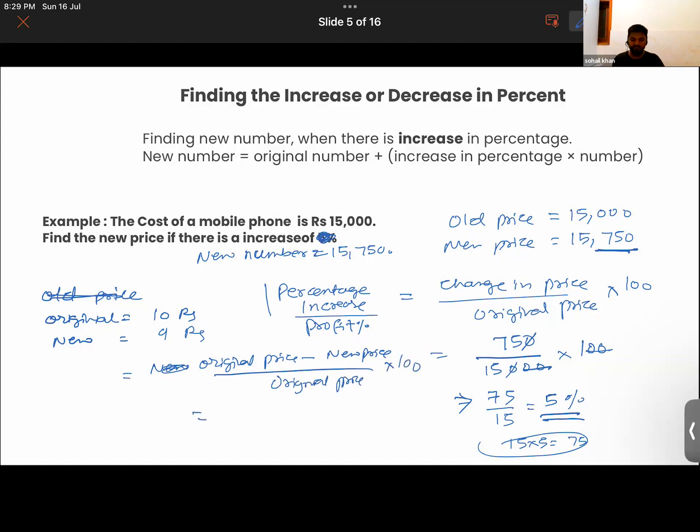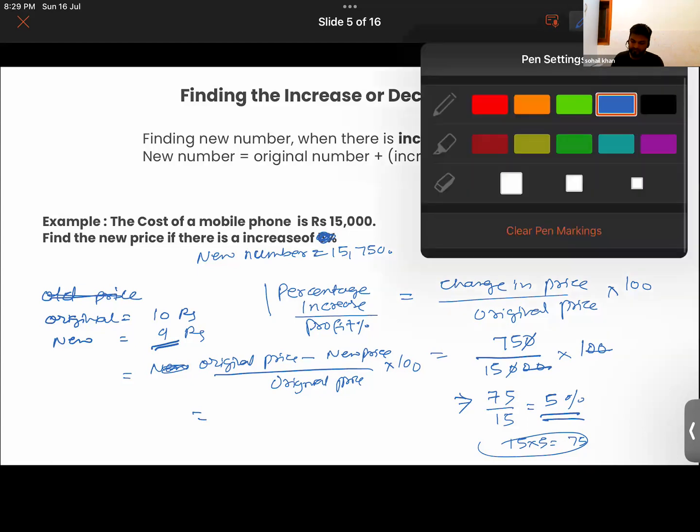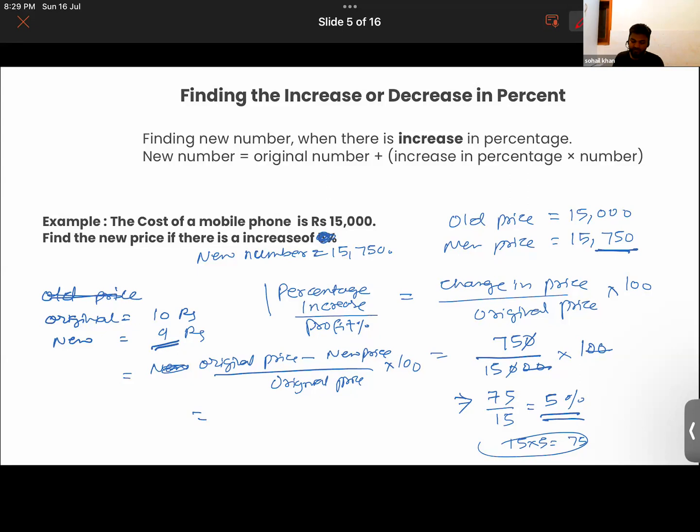So how much will it be? Calculate this one. The original price was 10 rupees, the new price is 9 rupees, and the original price is 10 rupees, multiplied by 100.